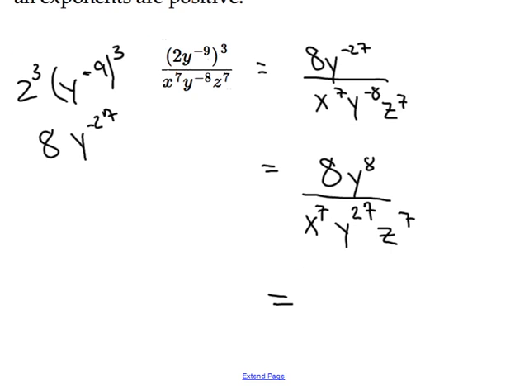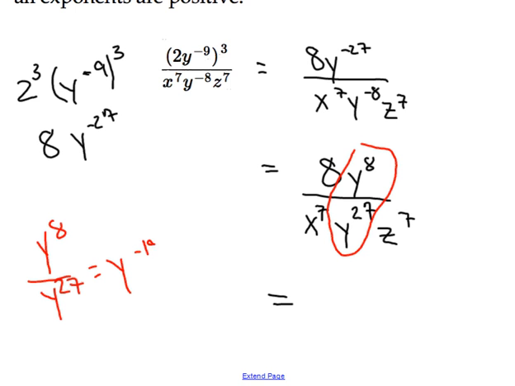All right, now let's simplify this. y to the 8th over y to the 27th, that's y to the negative 19th. So now I got 8y to the negative 19th here over x to the 7th, z to the 7th.